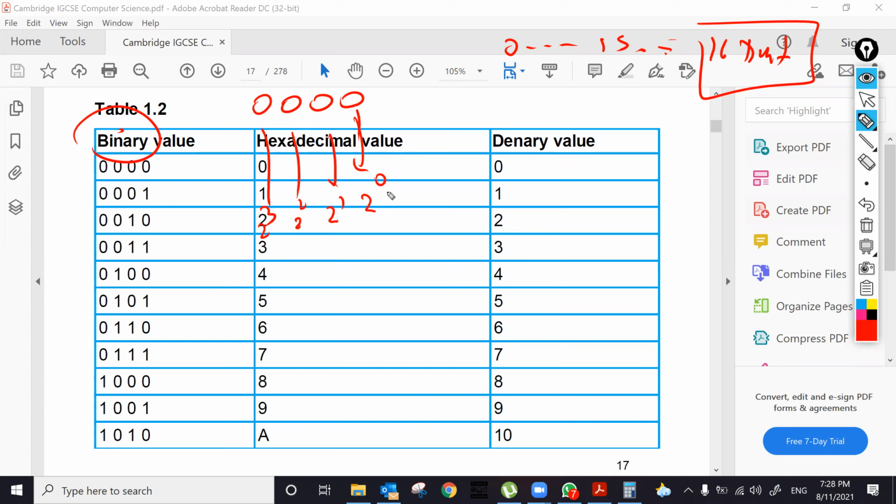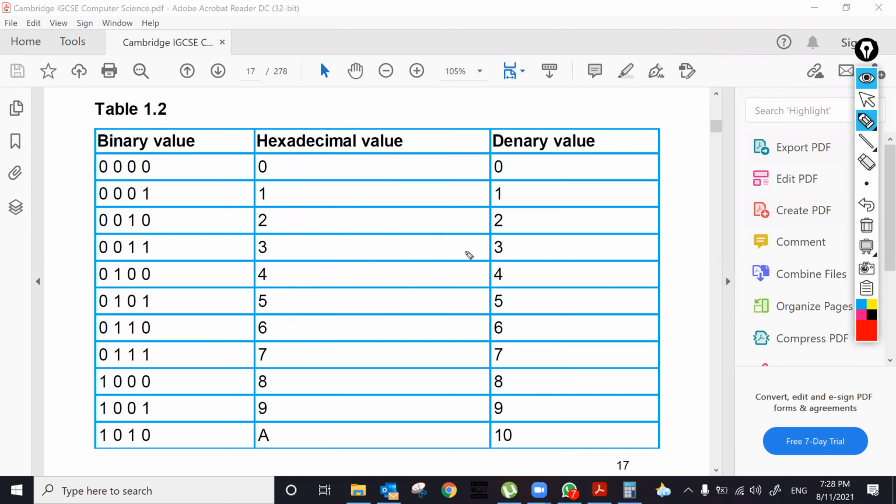Normally we say 2 to the power 0 is 1, 2 to the power 1 is 2, 2 to the power 2 is 4, 2 to the power 3 is 8. When you add them, you will get 0 to 15, right? That's how it comes. We get a number system like this. We say binary 1, 1, 1, 1.